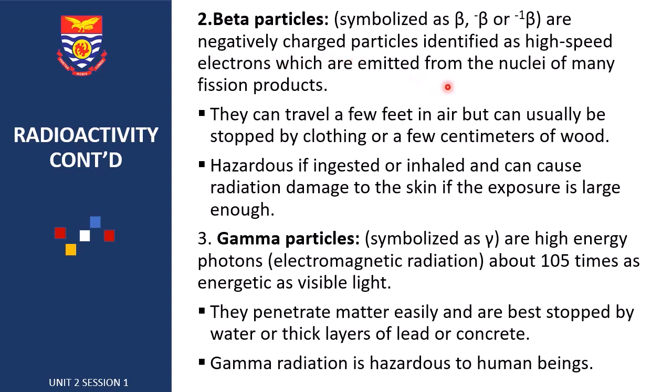When they come into contact with clothes, they are stopped, but they can penetrate a few centimeters into whatever material they come into contact with before they can be stopped.